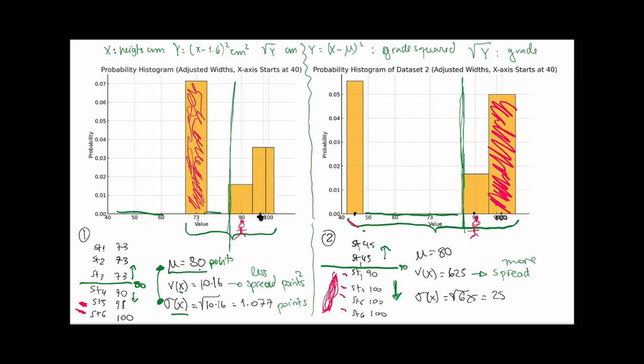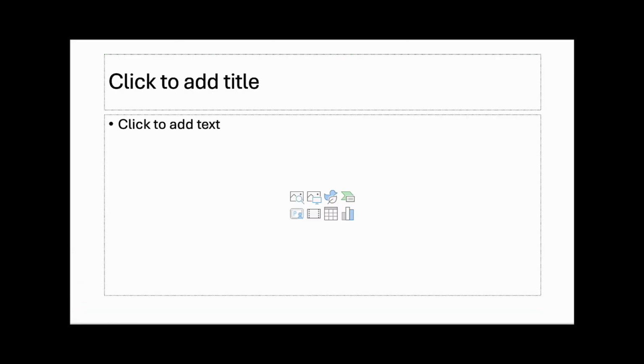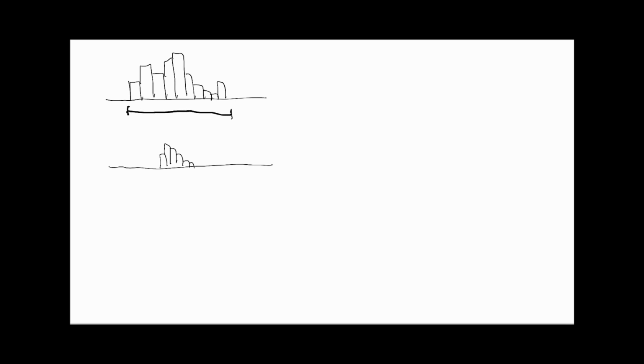But it's very common to see histograms like this, where it's easier to see that this histogram is more spread than this one. So this one will have a greater variance and standard deviation. They mean the same thing, they just have different units. It's how spread out you are.